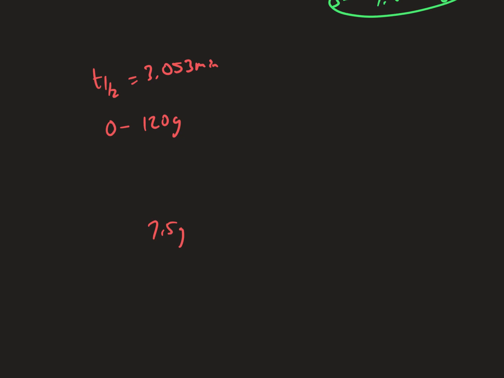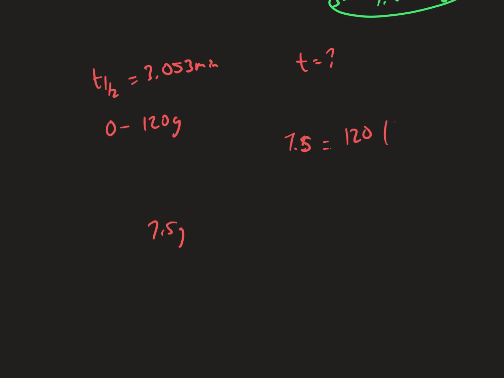So how long? Okay, so we know how much we end with, right? 7.5 grams. So if we use this equation, 7.5 is equal to how much we start with, 120 grams. I'm going to just leave the units out, just to keep it a little simpler, okay?